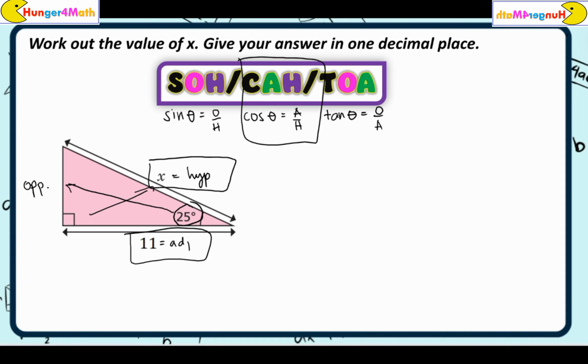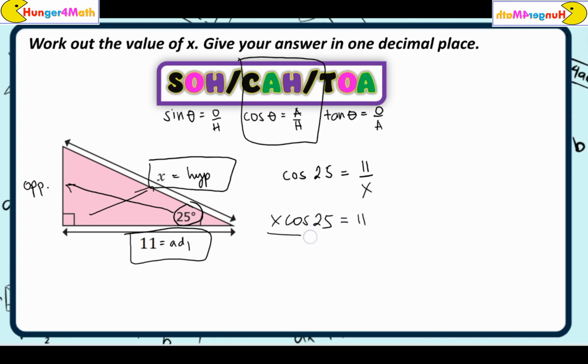Now, let's substitute. Cosine theta, the angle, is 25, equal to the adjacent, 11, over the hypotenuse x. Now we're going to cross multiply. So x times cosine 25 is x cosine 25 equal 11.